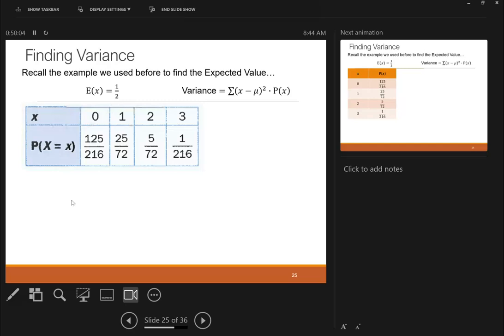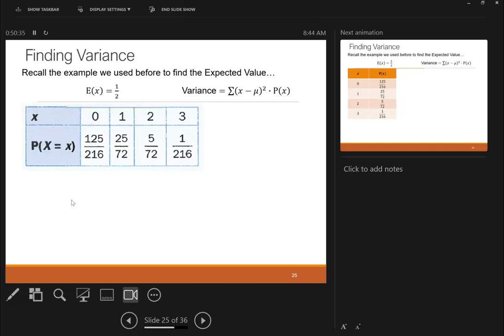So I'm going to take 0 minus a half squared times 125 out of 216, plus 1 minus a half squared times 25 out of 72, plus 2 minus a half squared times 5 out of 72, plus 3 minus a half squared times 1 out of 216.